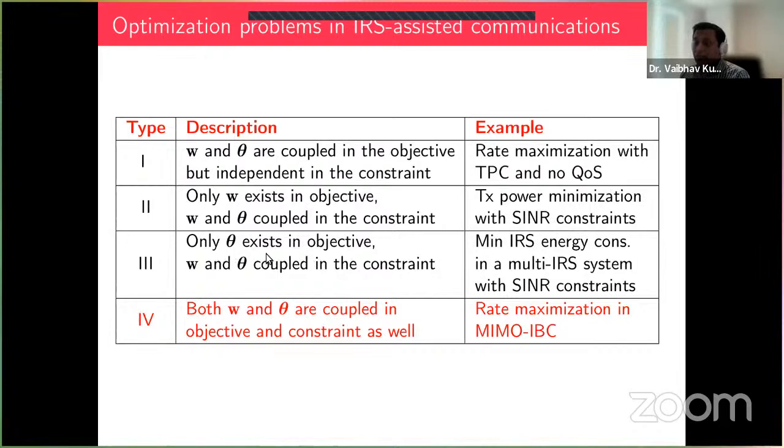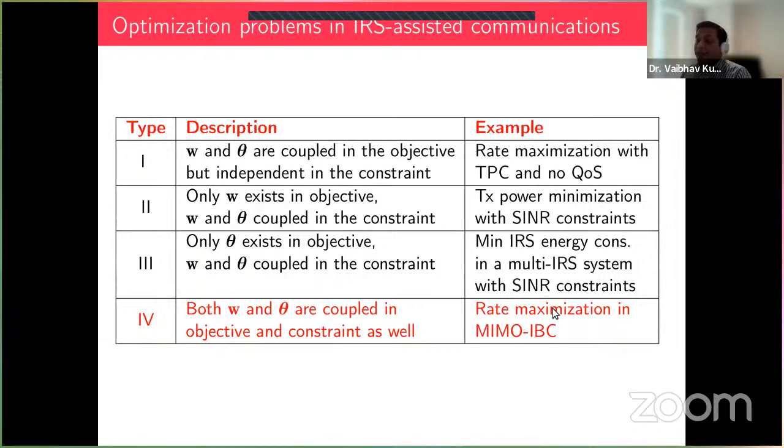The third type of problem is when only the IRS phase shift, or the theta vector, exists in the objective, and W and theta are coupled in the constraint. An example of this is when I try to minimize the IRS energy consumption in a multi-IRS setting with the SINR constraint. And the fourth one is when we have coupling between these two optimization variables, W and theta, both in the objective and the constraint as well. An example of this is rate maximization in a MIMO interfering broadcast channel.